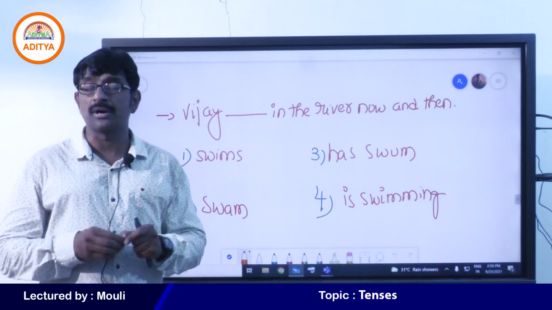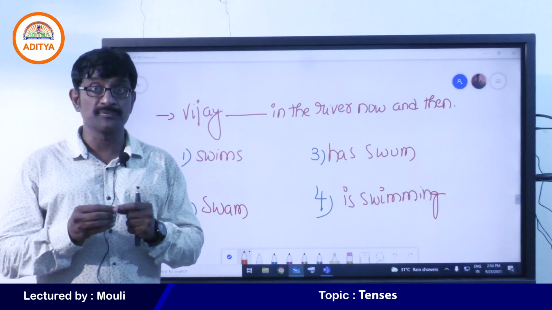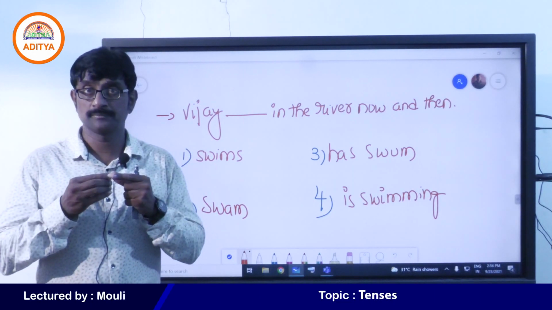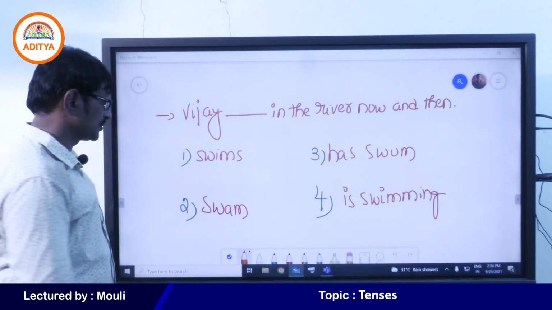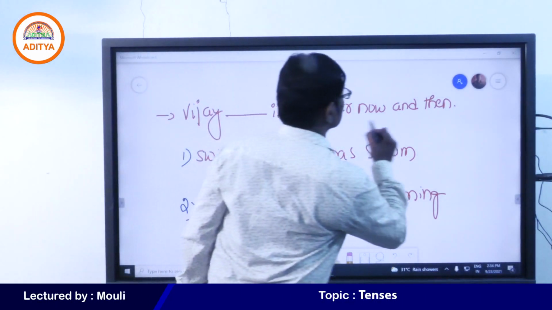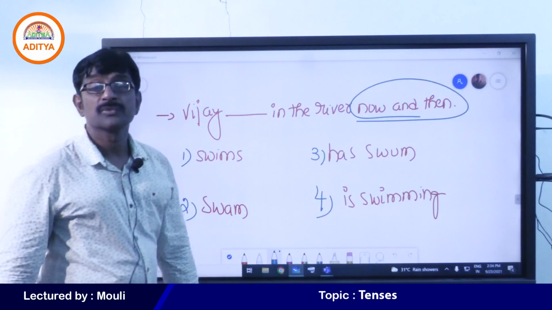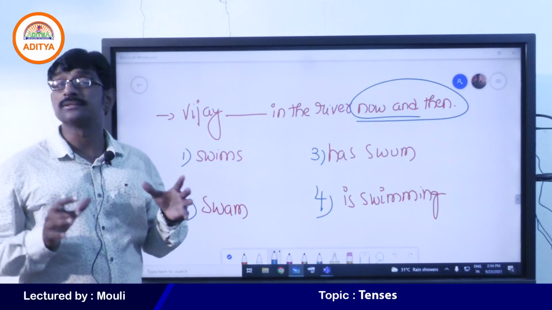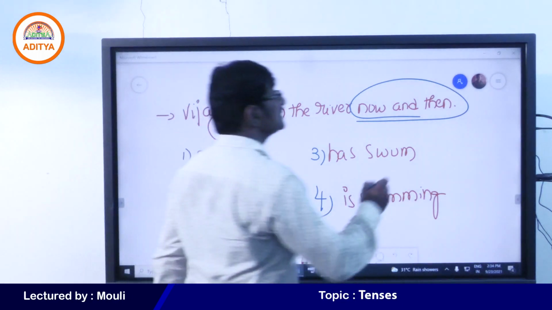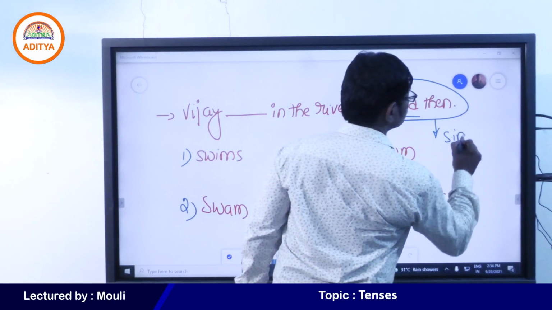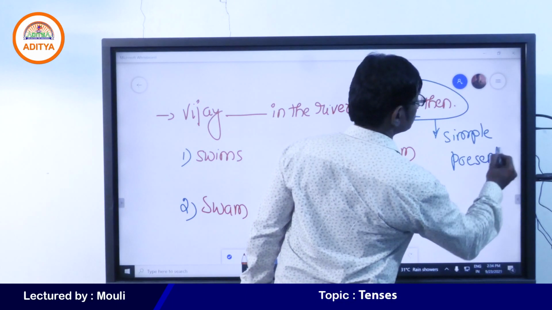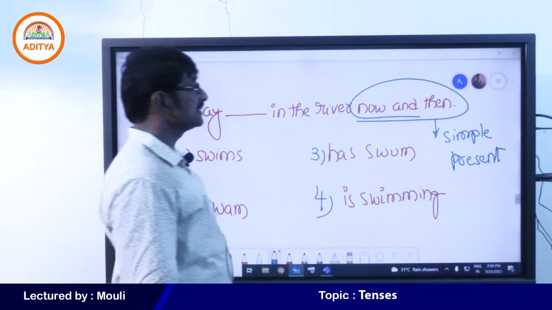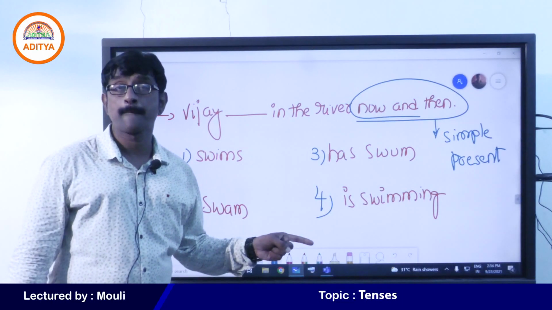No two words or letters will go for a contrast. So now let us see. To find out the right choice, first we have to look at this, "now and then." Now and then is simple present.